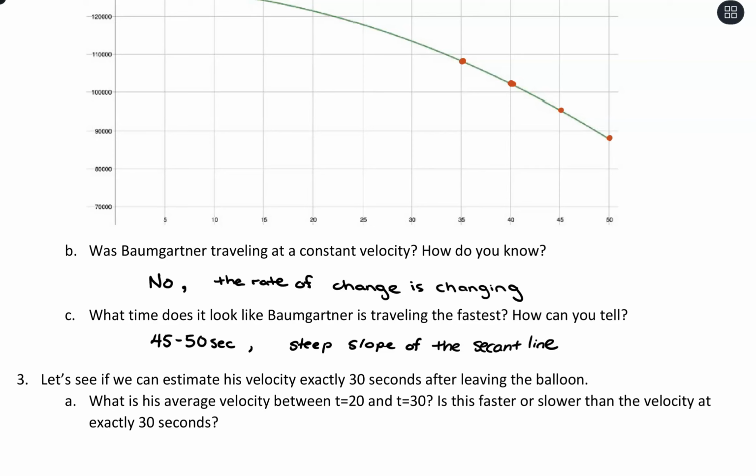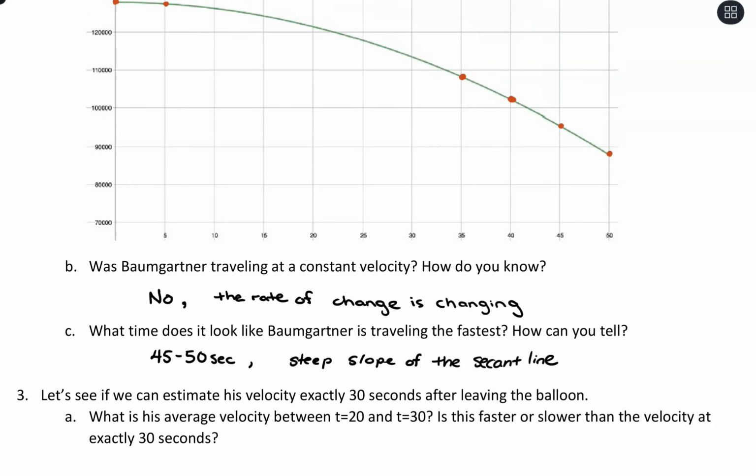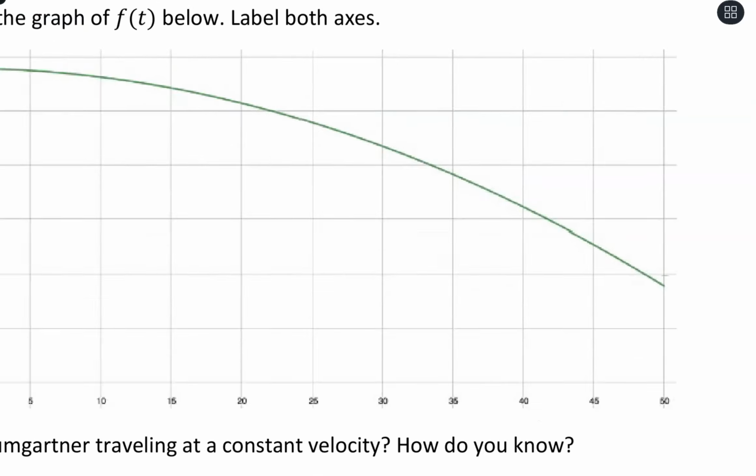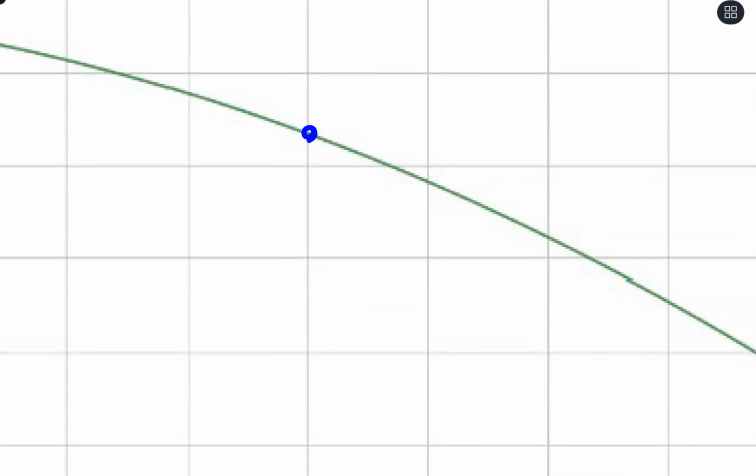So let's see if we can estimate his velocity exactly 30 seconds after leaving the balloon. What we're going to do is get to this idea of instantaneous rate of change, or in this case, instantaneous velocity, and we're looking at the 30-second mark. So we're looking right here.